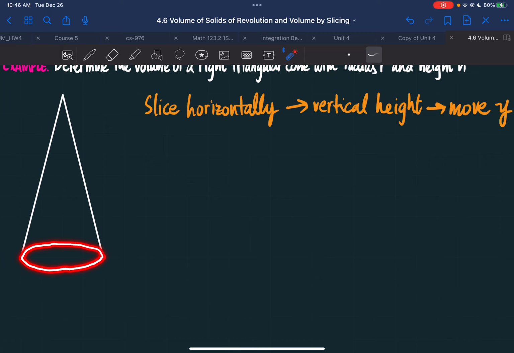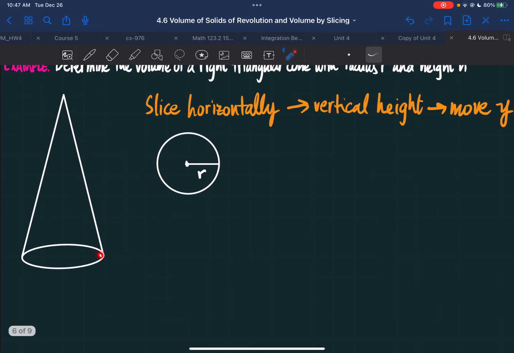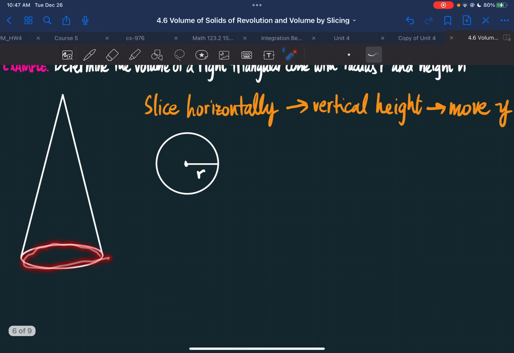So what we know is that our right circular cone has radius r. So if we draw right here, you have a radius r. And this happens at the very bottom, or that's when height equals 0, or y equals 0.